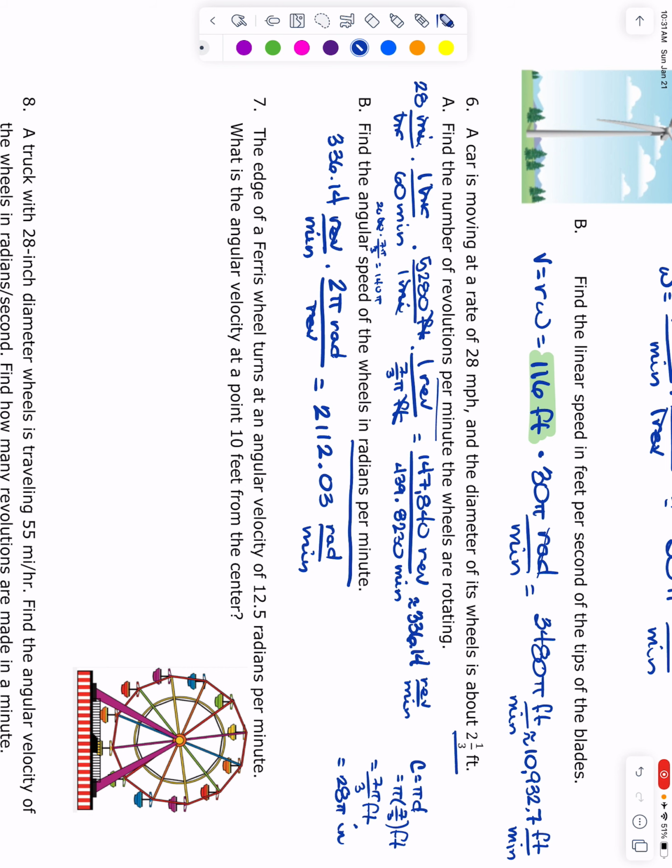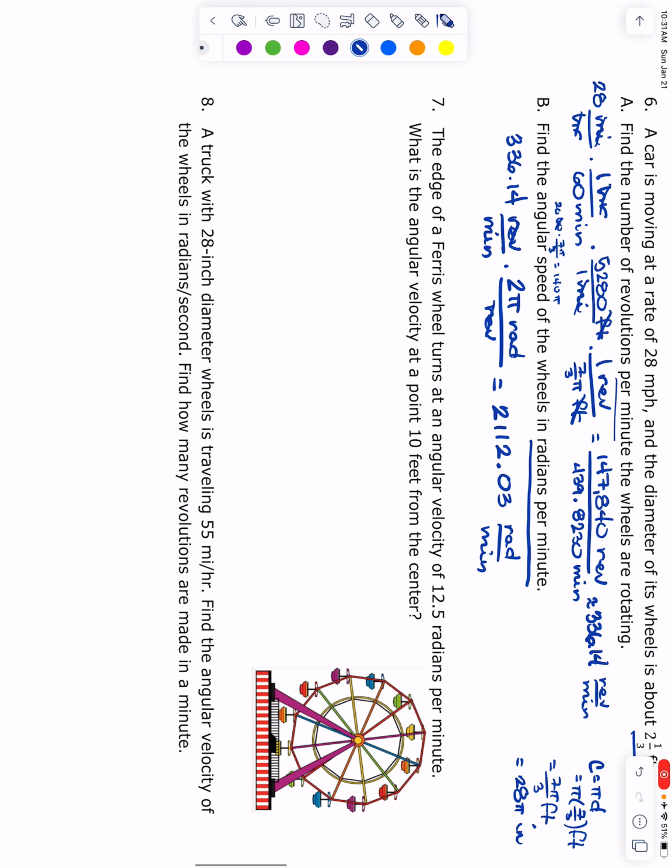Number 7, we have the edge of a Ferris wheel turning at an angular velocity of 12.5 radians per minute. What's the angular velocity at a point 10 feet from the center? So let's think here, angular velocity. Angular velocity does not change with the radius. It's how much of the angle is being cut out over time. So angular velocity does not depend on the length of the radius.